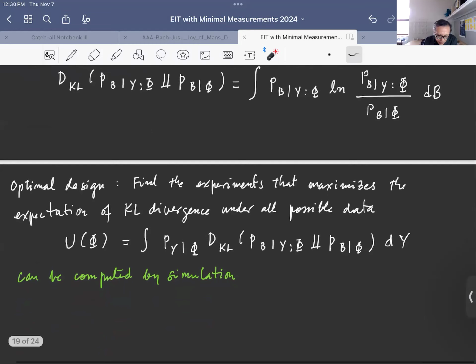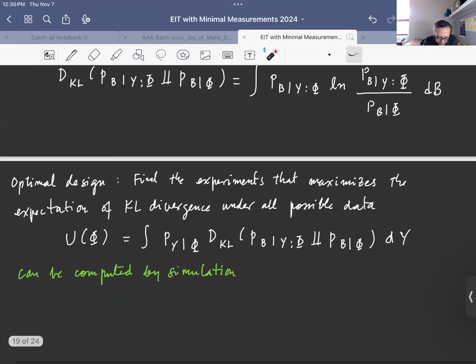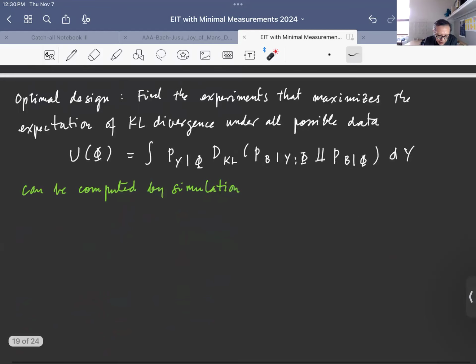So to do that, you have to integrate over possible experiments, and this is what you get. This is the utility function that you need to consider for finding the optimal location phi. Okay, so in this case, you have this utility function that you want to maximize, and it's the expected KL divergence over all possible measurements.